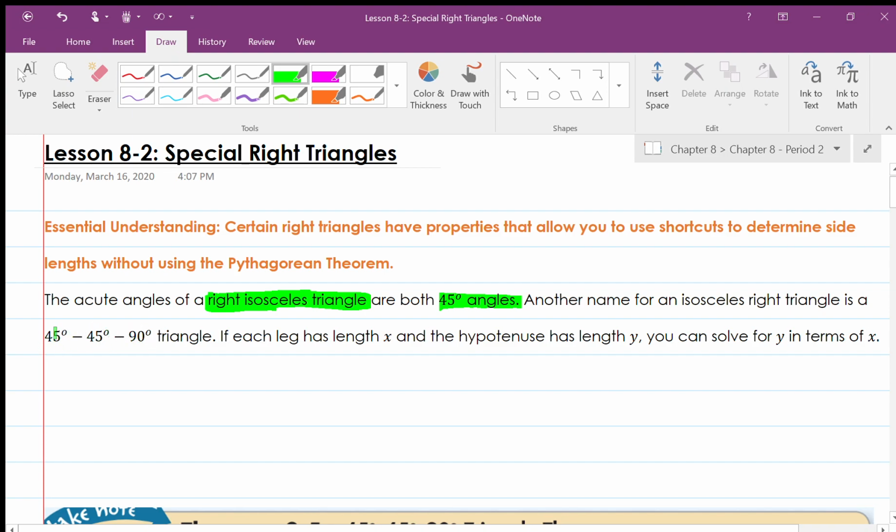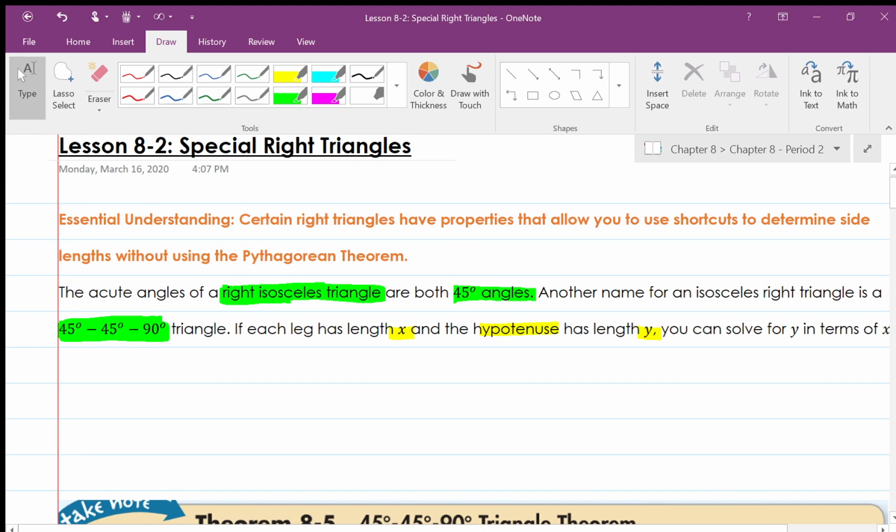If each leg has a length of x and the hypotenuse has a length of y, we're going to solve for y, or see what the hypotenuse is equal to every single time in these right isosceles triangles, regardless of the lengths of the legs or the hypotenuse. You can pretty much solve for the hypotenuse every time with a special formula.